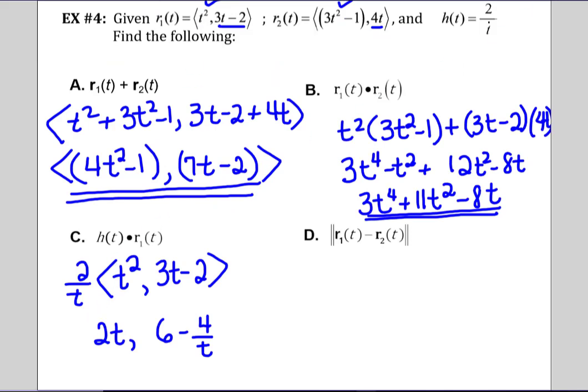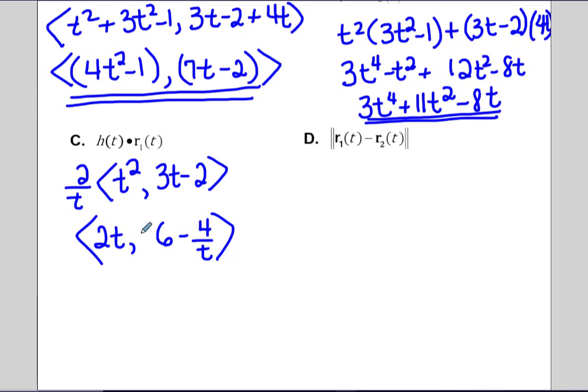And in this case, this isn't a dot product, this was just a function multiplied by a vector function, so that's like scalar multiplication, and we're done there.